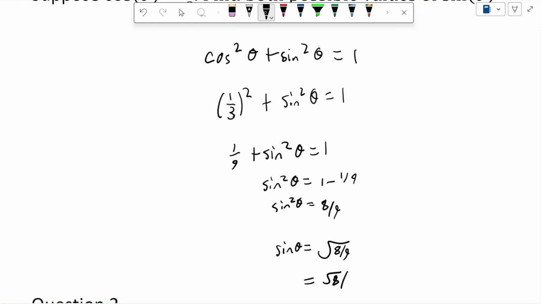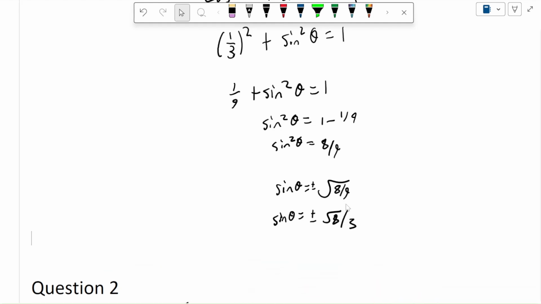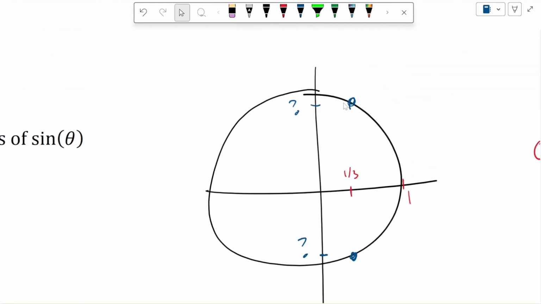Root 8 doesn't simplify much, but you do get 3 on the bottom. Now, since you did a square root, you've got to take a plus or minus. That gives you both sine values, believe it or not. So this one was root 8 over 3, and this one down here was minus root 8 over 3.